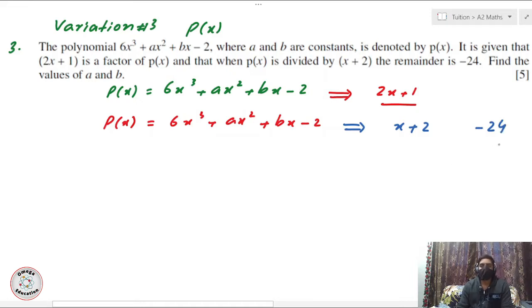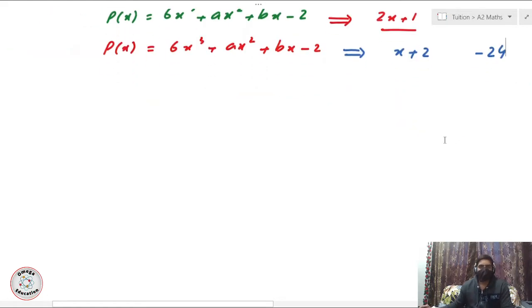So x plus 2 cannot completely divide your polynomial because you get something as a remainder. You can't say right now that x plus 2 is a factor of the polynomial because it's not able to completely divide it. So the remainder in that case is negative 24.